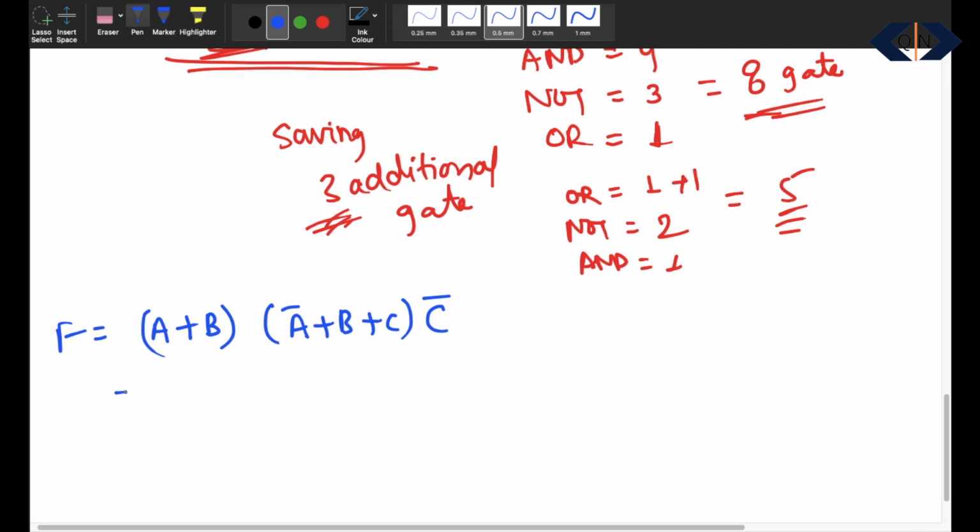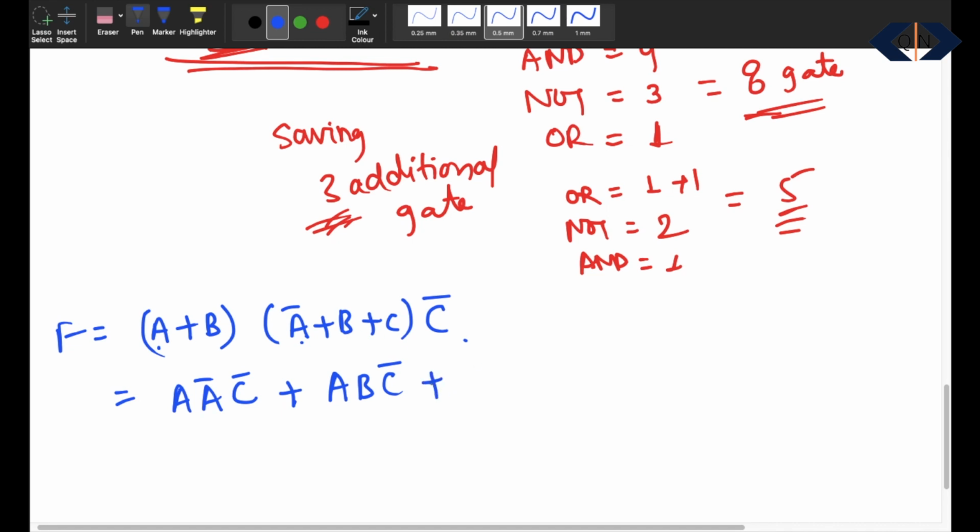Now if we apply the distributive property, we can multiply it all out, like A bar, C bar, plus A, B, C bar. I am multiplying this, then this, then this. Now A, this, then this, then this.